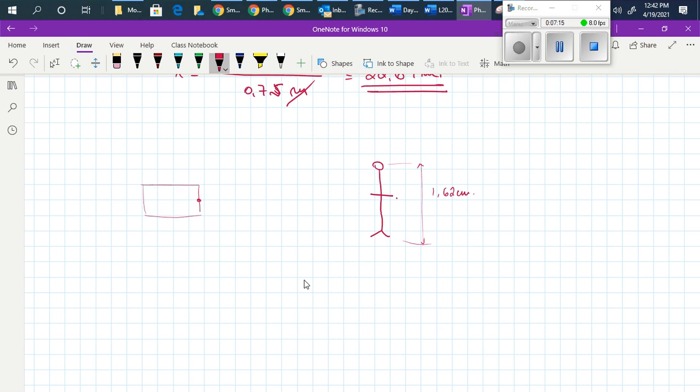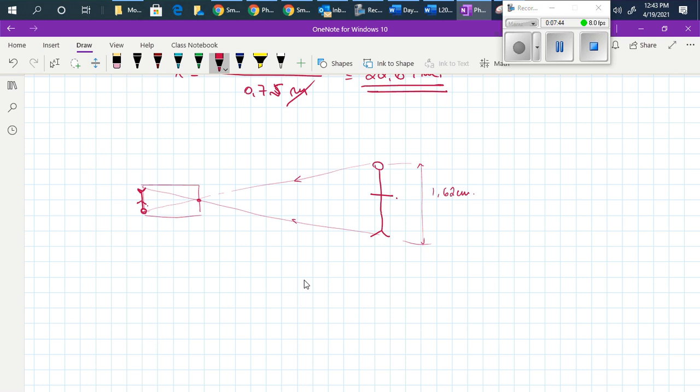So the hole is here, and then what we will see is, excuse me about my drawing, the light will enter in this direction, and the image created will be inverted like this.